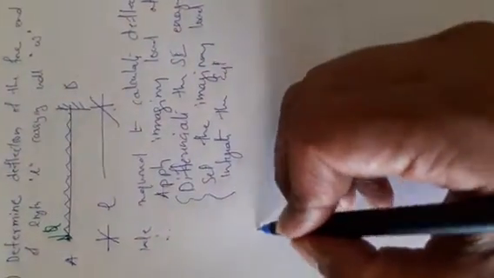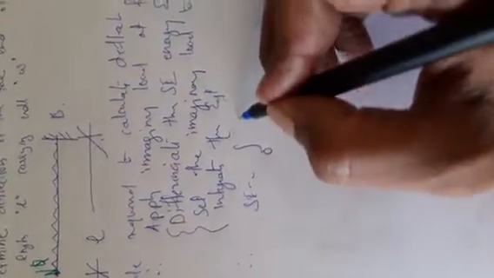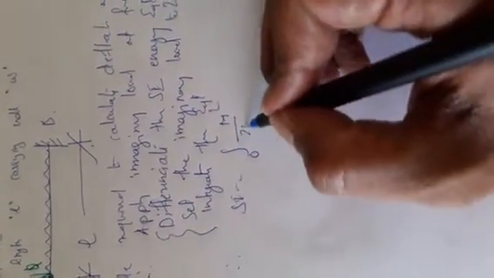Therefore, strain energy is given by the equation integral 0 to L of M square by 2 EI dx.